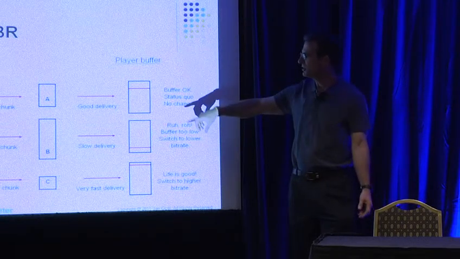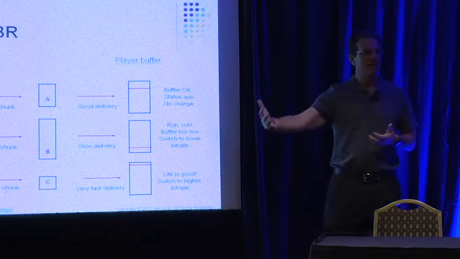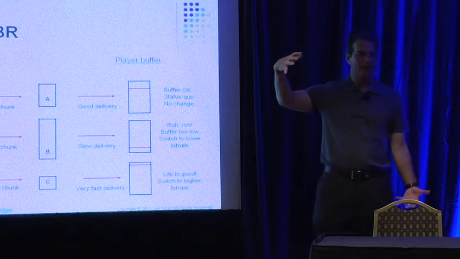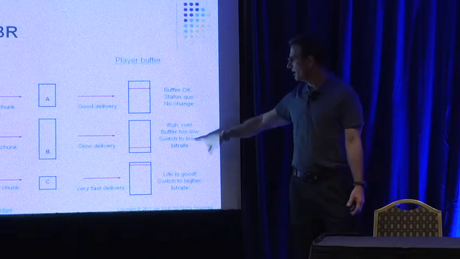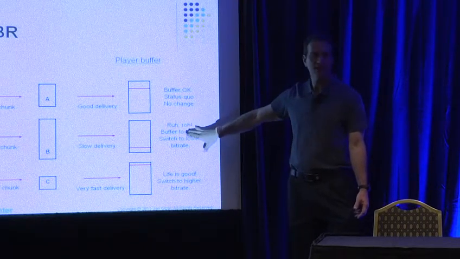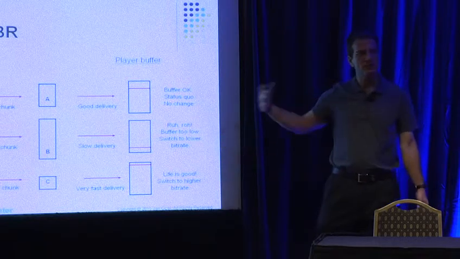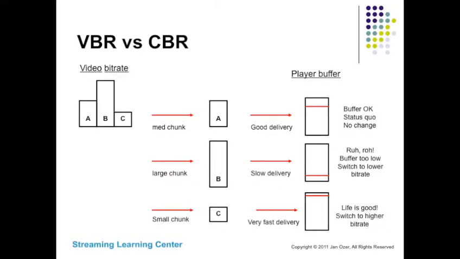But then you get to the large chunk, and it just takes longer for that chunk to get there because there's so much more data, right? So then the player says, oh my goodness, the buffer's gone down really low. We have to switch streams. And so we have a stream switch potentially triggered not by a change in conditions, but by how we encoded the file. And that's the negative of VBR encoding. Positive is quality, negative is it can cause too many stream fluctuations.